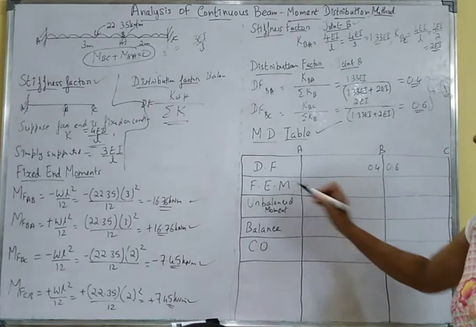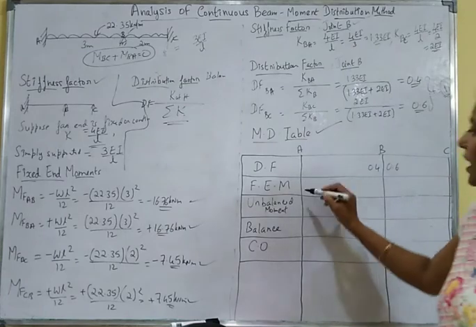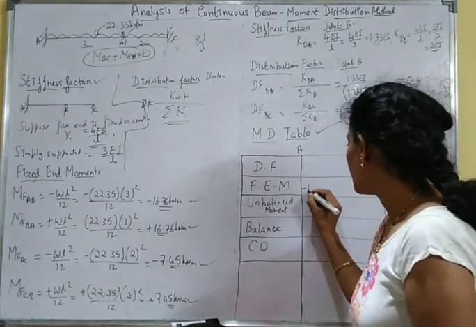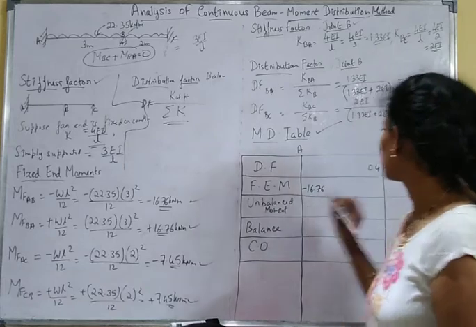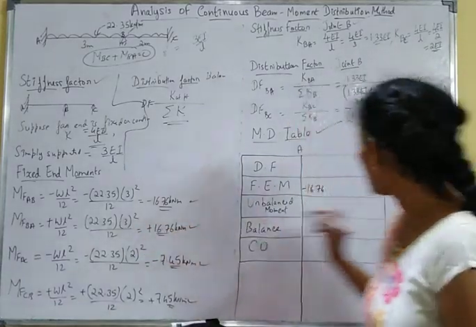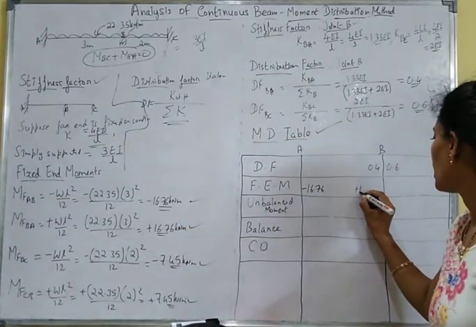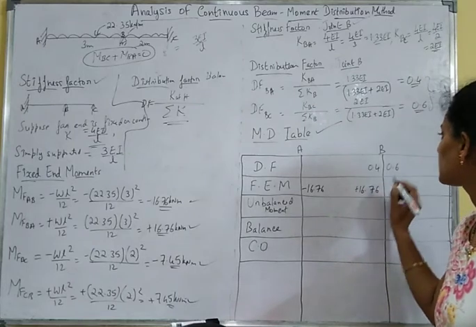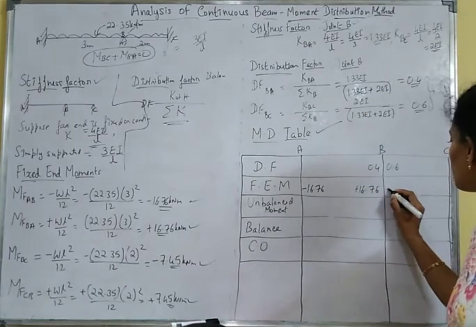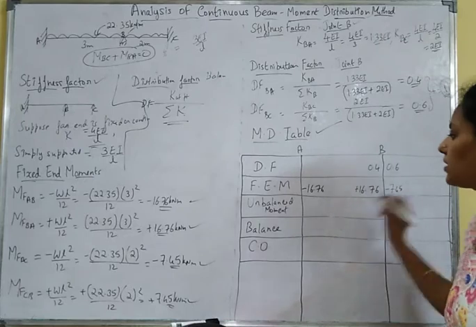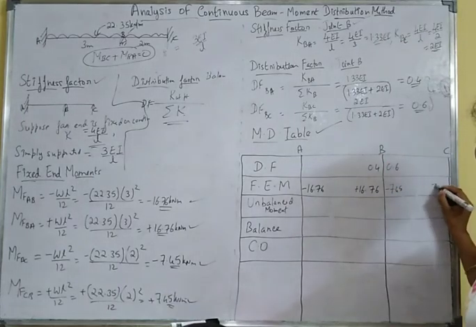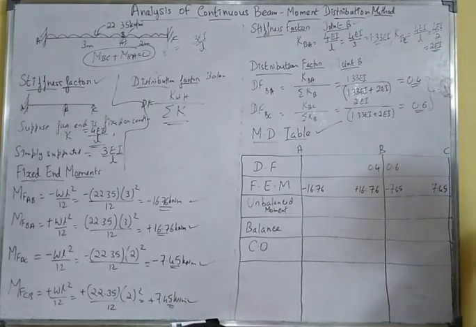Next, write all the fixed end moments. At AB you have minus 16.76, BA you have plus 16.76, BC you have minus 7.45, and CB you have plus 7.45. This is the fixed end moment.